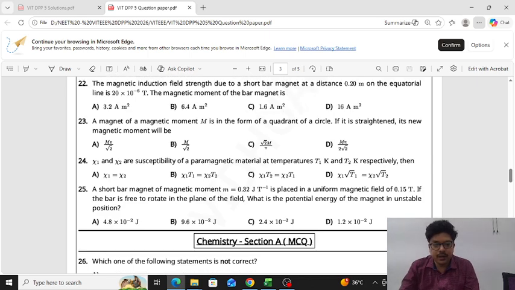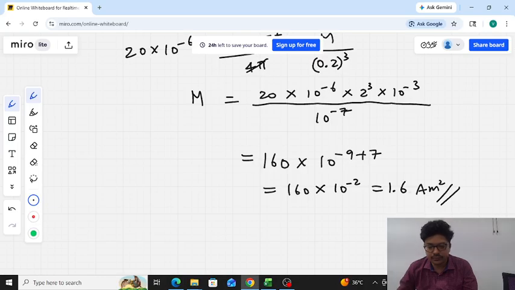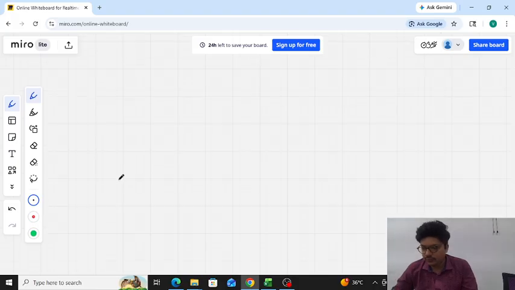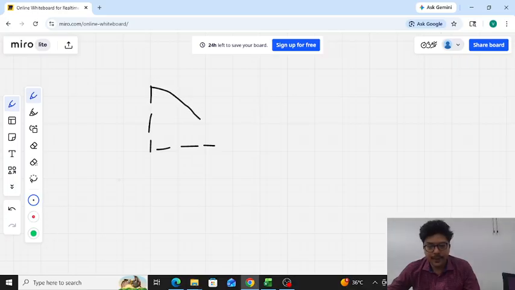A magnet of magnetic moment M is in the form of a quadrant of a circle. If it is straightened, its new magnetic moment will be? So it is like a quadrant of a circle.